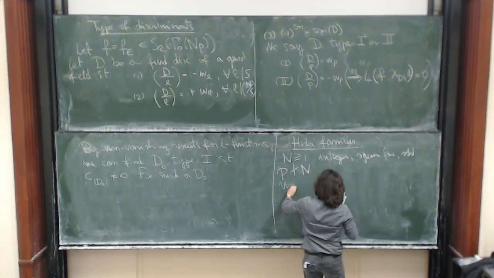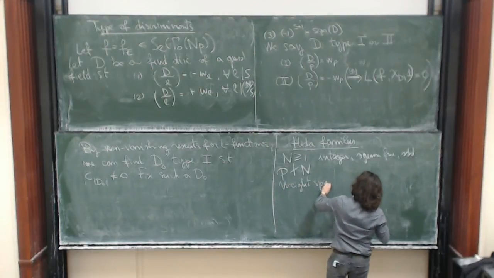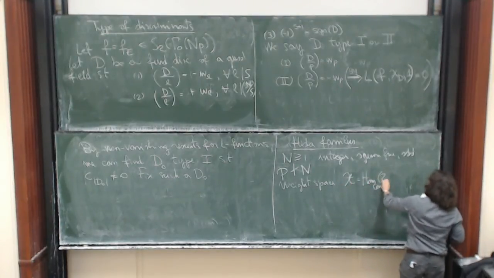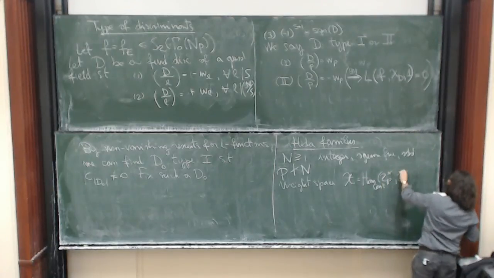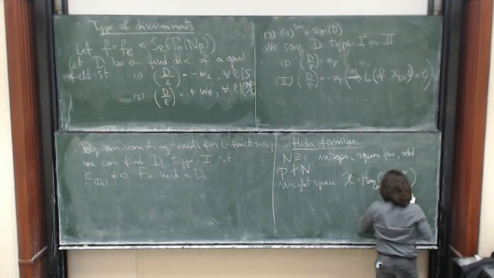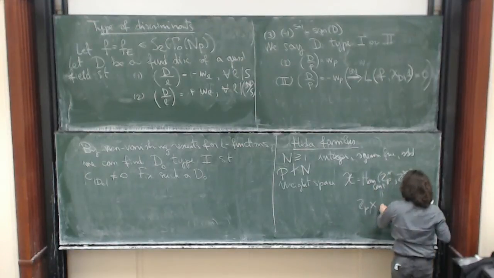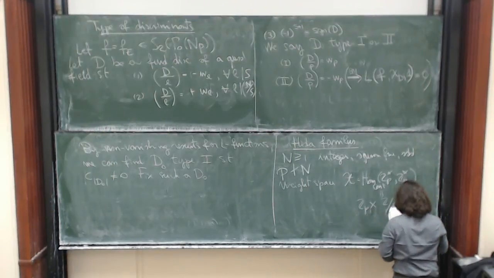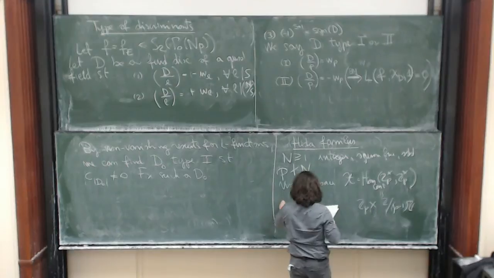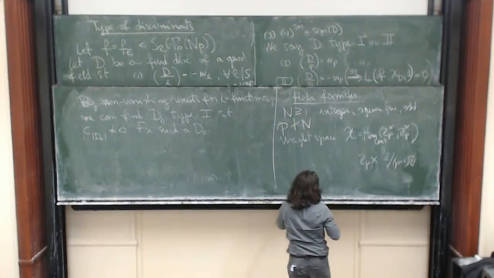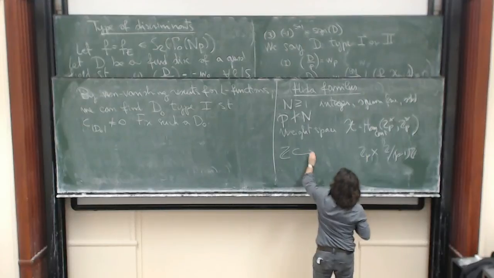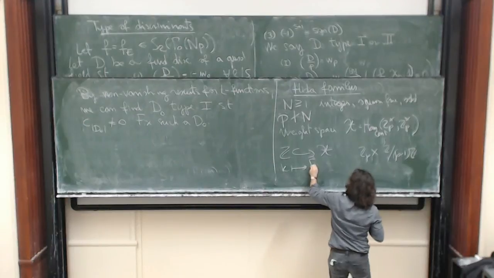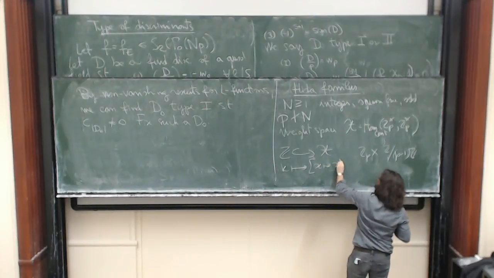So I introduce the weight space X to be the continuous homomorphisms from Zp star to Zp star, which one may identify with Zp cross Z over p minus 1 Z. And Z sits inside X by taking k and sending it to the homomorphism which takes x to x to the k minus 2.